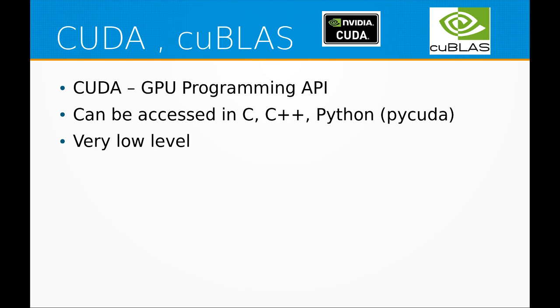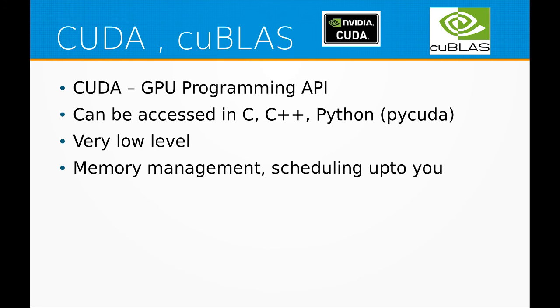And it's very low level, wherein you have to do your own memory management. By memory management, I mean you need to allocate your own memory, you need to store your own values, run the operations, and then once you've got back the data, you need to free the memory and things like that. So a lot of low level implementation details are left to you, and because of this, if you do it in the wrong way, it can lead to actually reduced performance than on a CPU.